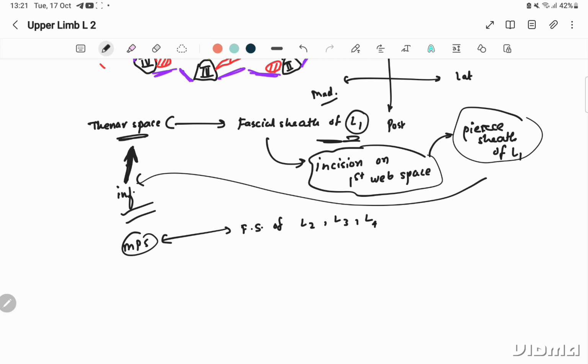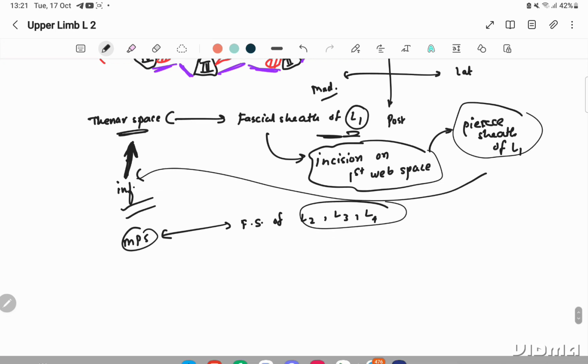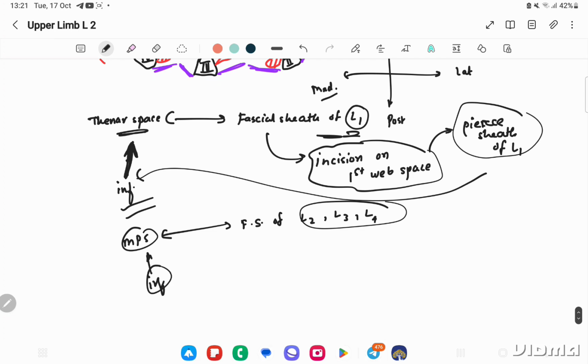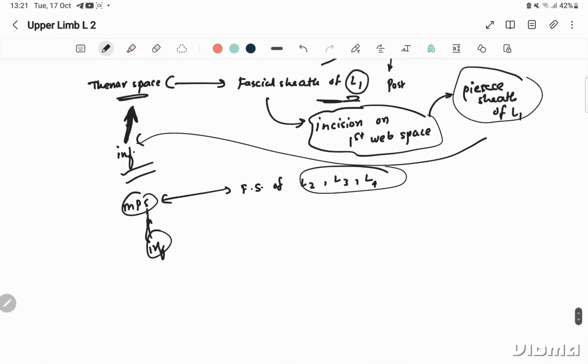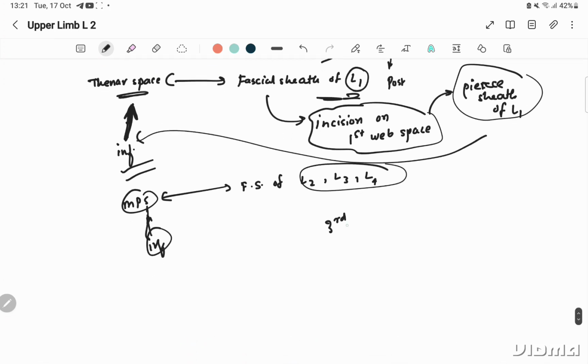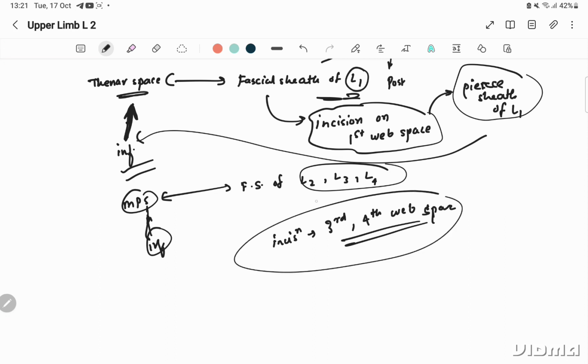Okay, so if you want to drain the infection in the mid palmar space, then you can put an incision on the third and fourth web spaces, so as to drain any infection in the mid palmar space. Okay, I hope you understand.